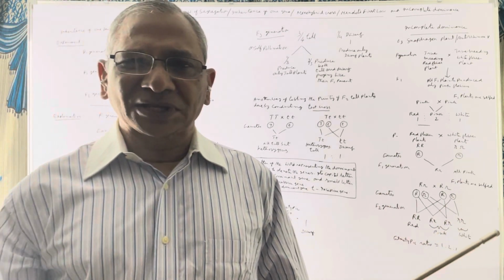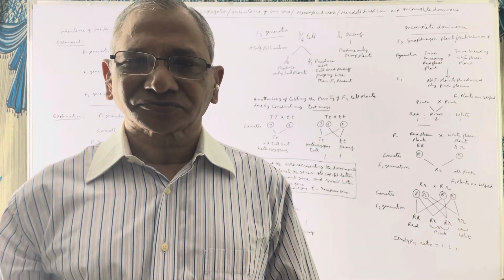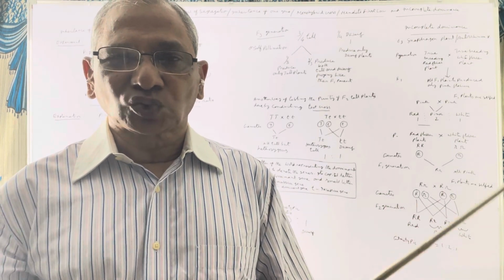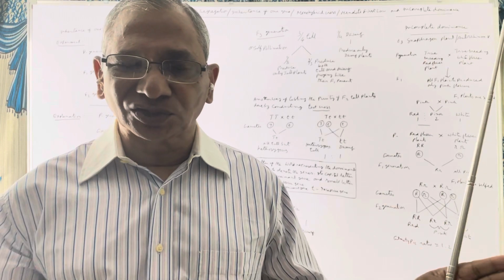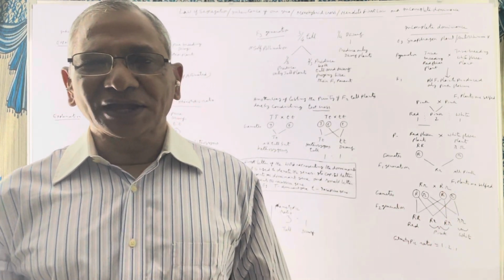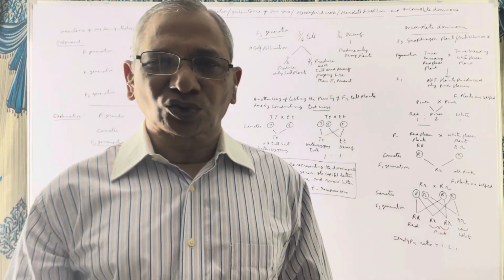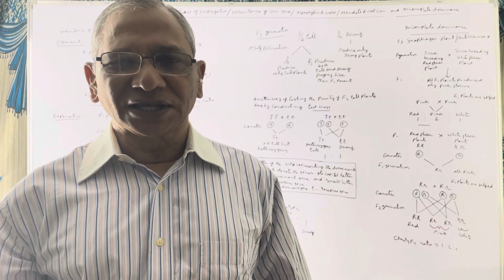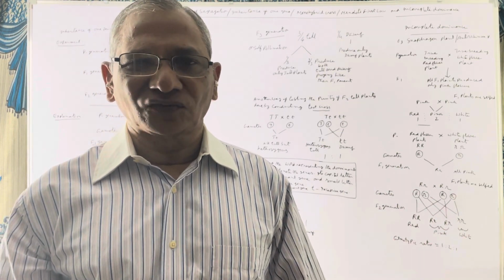These two factors are present in the parents. But during gametogenesis, the two factors get separated into different gametes. That means during gametogenesis, the chromosome number is reduced to half, so the number of genes is also reduced to half.